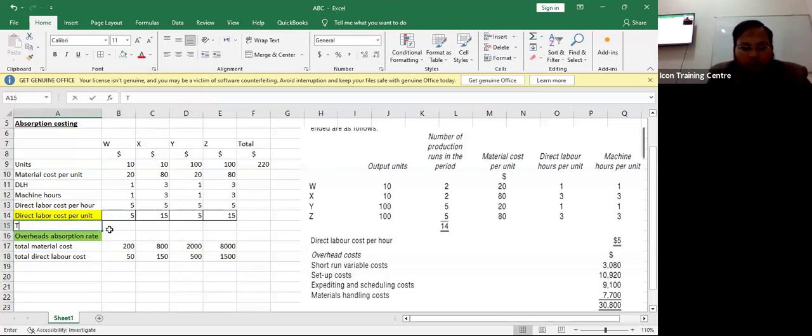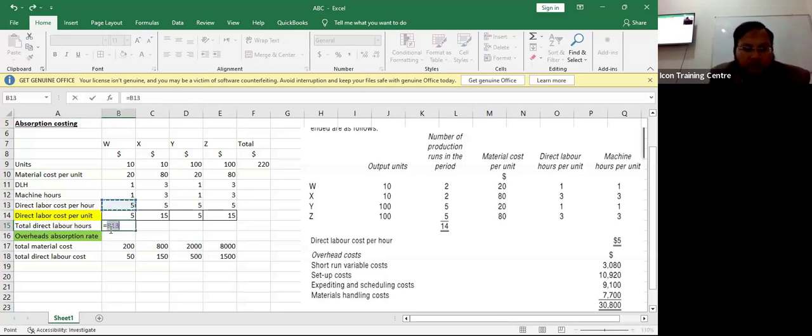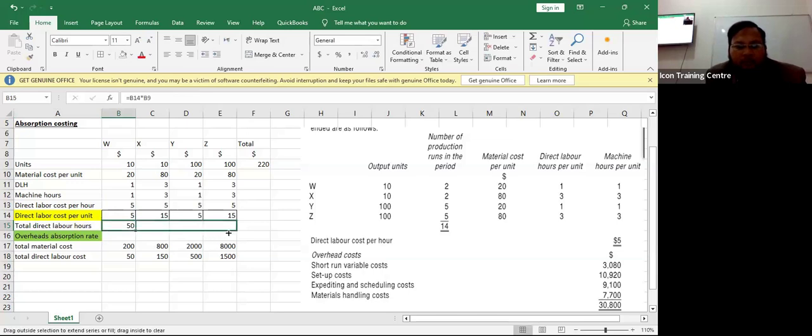First you calculate here the total direct labor hours, right? So this is labor hour per unit, and we need to multiply it with number of units, right?